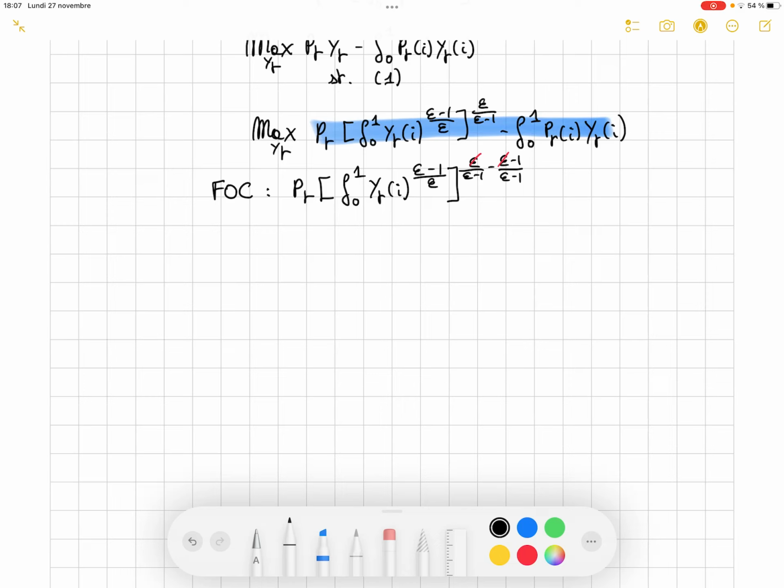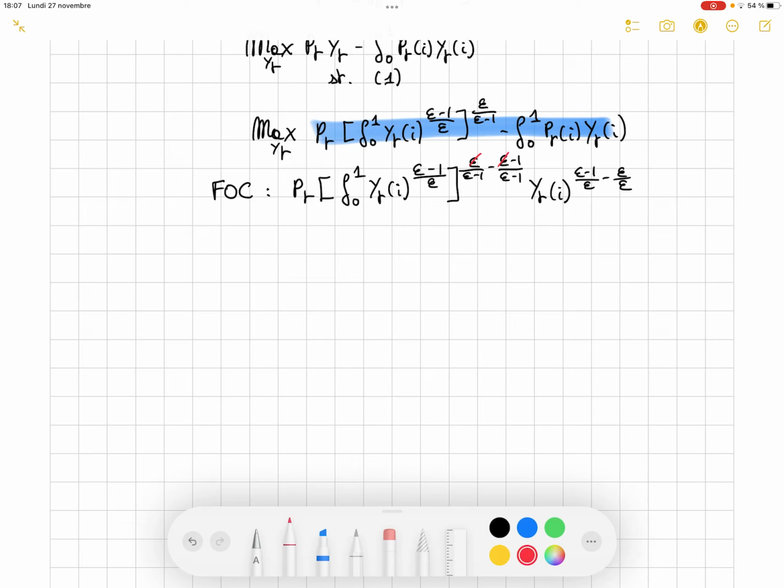Multiplied by the derivative of the function inside the bracket, so multiplied by basically epsilon, the specific variety we are considering here, exponentially epsilon minus 1 divided by epsilon minus 1.